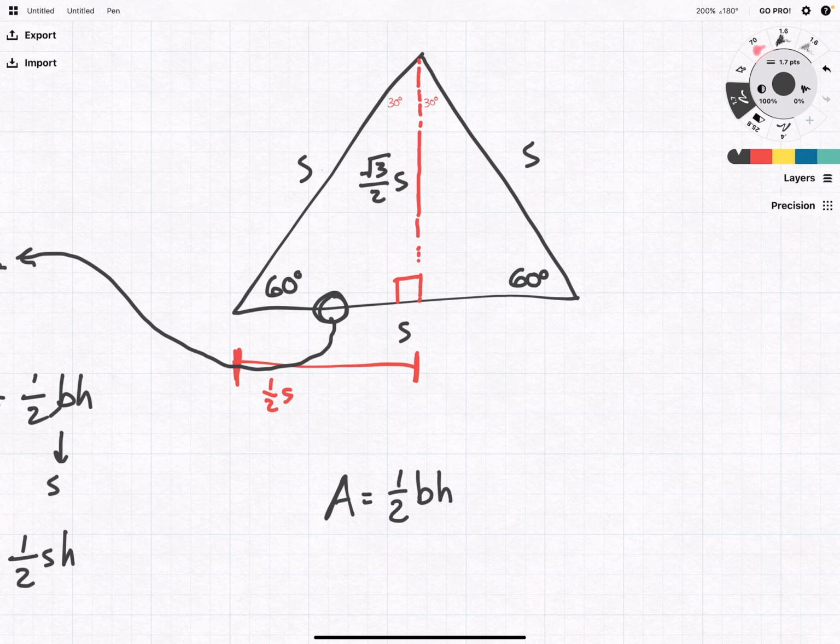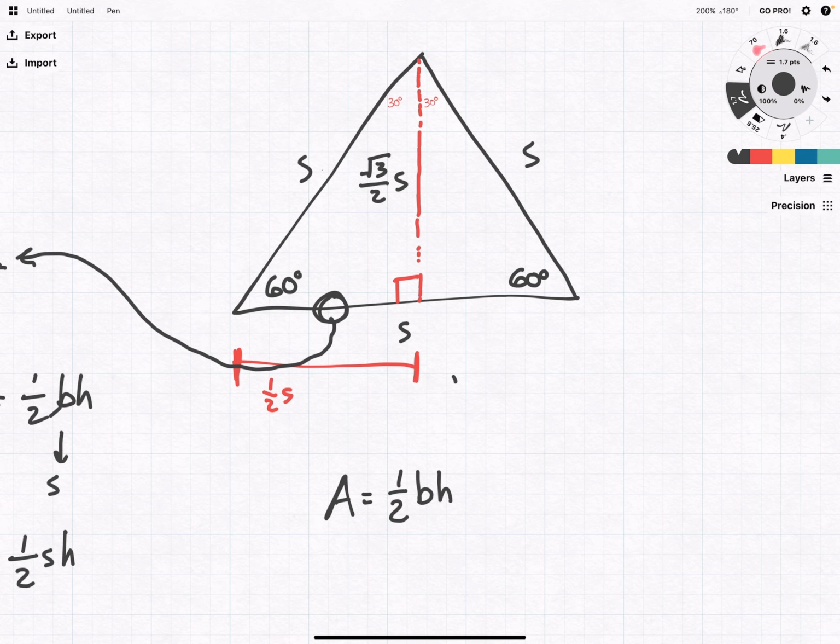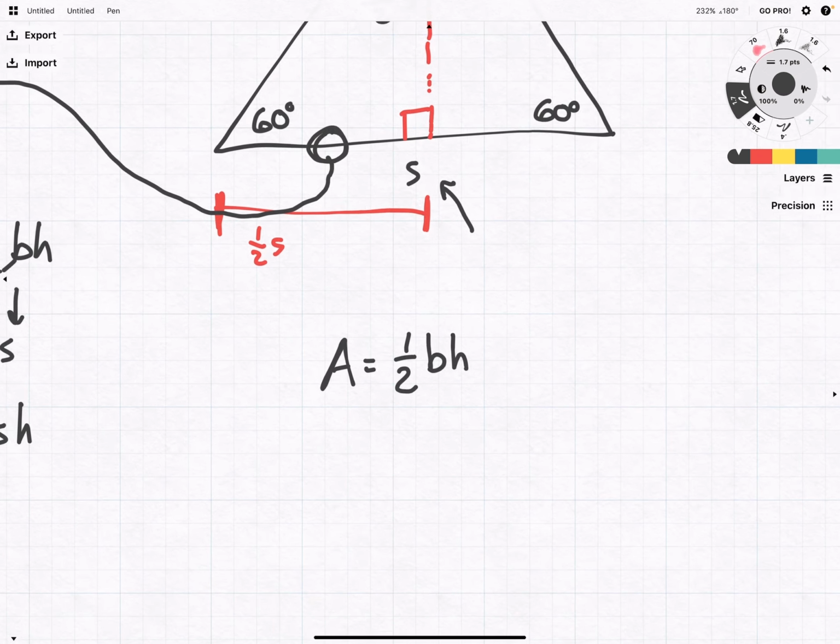The base of the whole entire triangle is s.